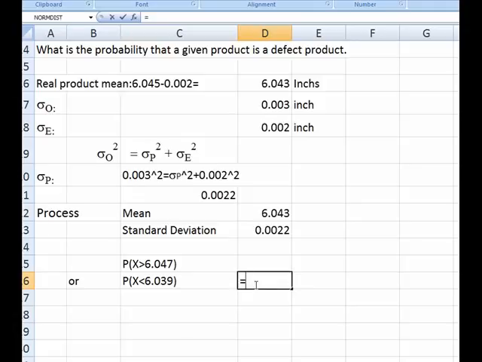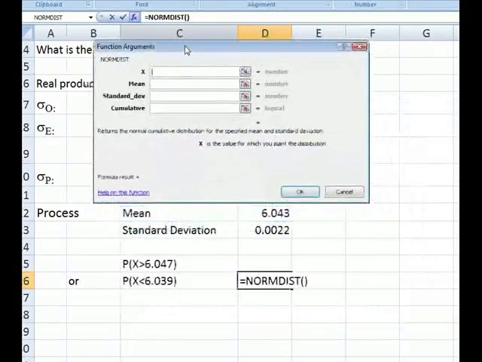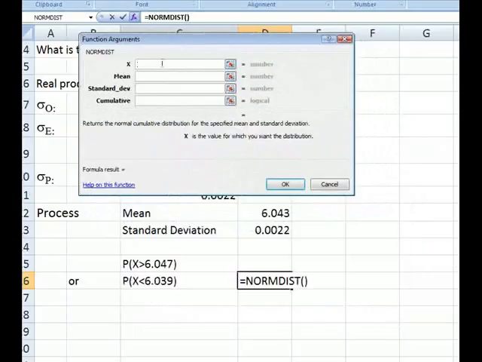So this equals NORM.DIST. Click the function button, and you get this pop-up window. We want x less than 6.039, so put 6.039 here, and the mean is 6.043.